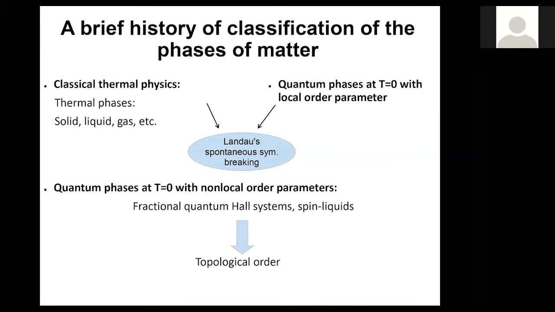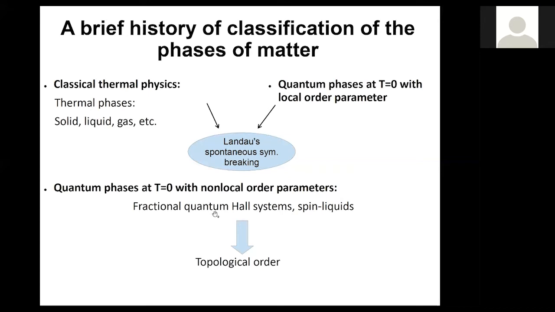But when we came to the 1980s, a new kind of system was found. These systems looked no different than any other particular system, except if you look at their boundaries, there are special or unusual things going on. These are related to non-local order parameters. I guess the quantum Hall systems are the first examples of these.